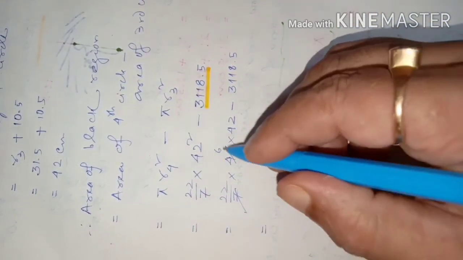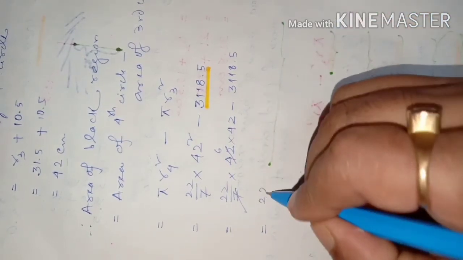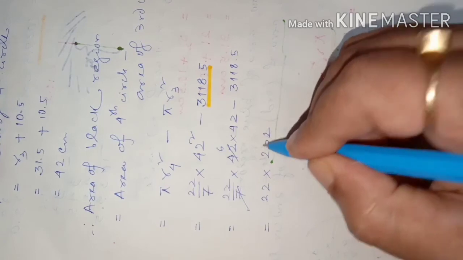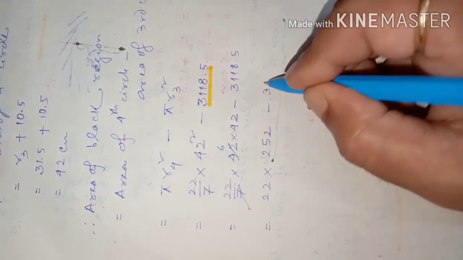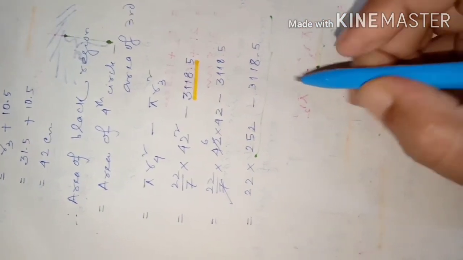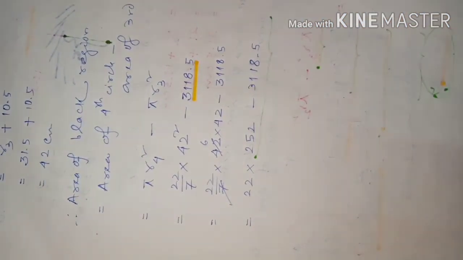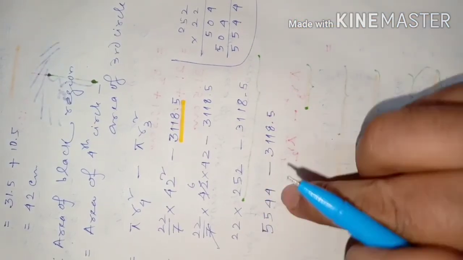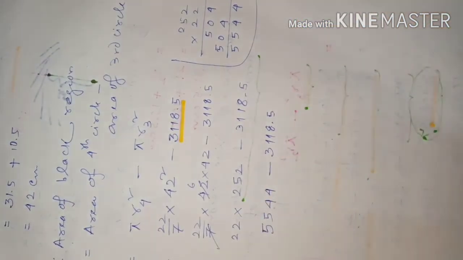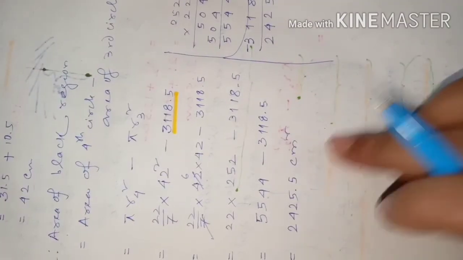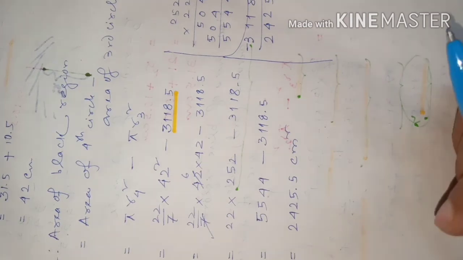So it will be 6 into 42, 6 2s are 12, 6 4s are 24, 25 minus 3118.5. Then multiply these two numbers. So this product is 5544. So minus this number, this is the difference. This is the area of the black region.